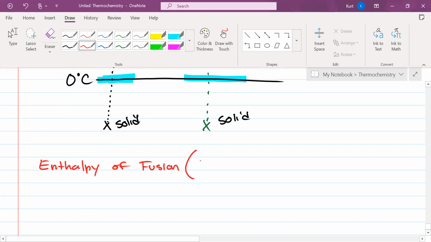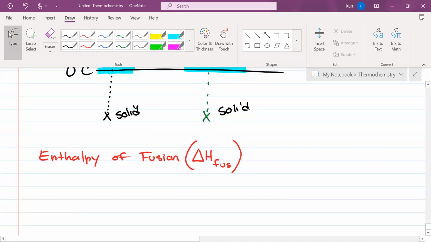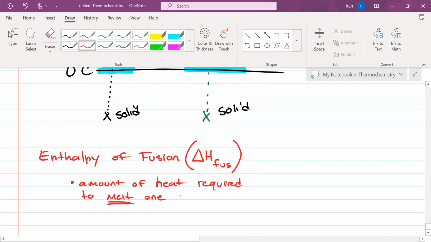The symbol for enthalpy of fusion is delta H with a subscript F, U, S. The definition is the amount of heat required to melt, there's that word, melt, 1 mole of a solid substance. Remember, another word for melting in this unit is going to be fusion.